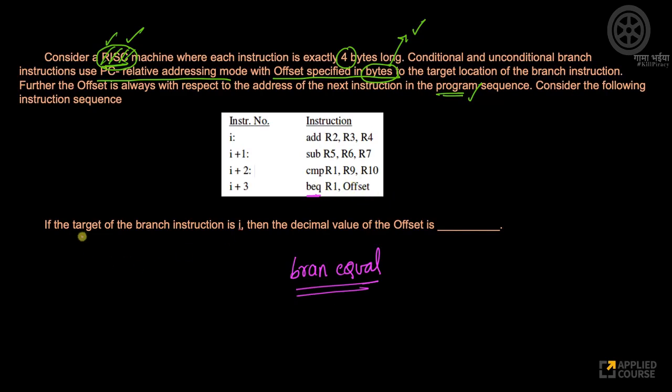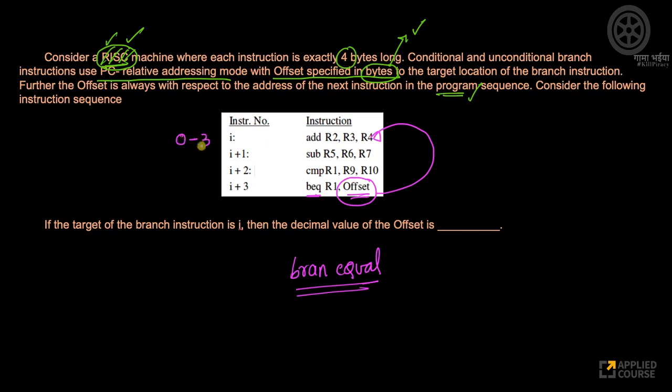So what it says is, if the target of the branch instruction is I, which means if this condition is true, we want to jump to this instruction I. Then what is the decimal value of the offset? Let's take a simple example. Let's assume this starts from address 0. Each instruction is 4 bytes long.